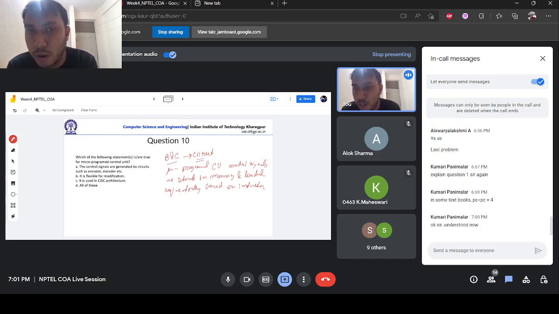As a result, encoder and decoder stuff is not required, so option A is wrong. Option B is correct because it is flexible for modification. If it were a hardware control circuit, the decoder or encoder is already present, so you cannot modify the circuit, but you can always modify programs. Also, the microprogram control unit is used in CISC architecture. So options B and C are correct. Clear?